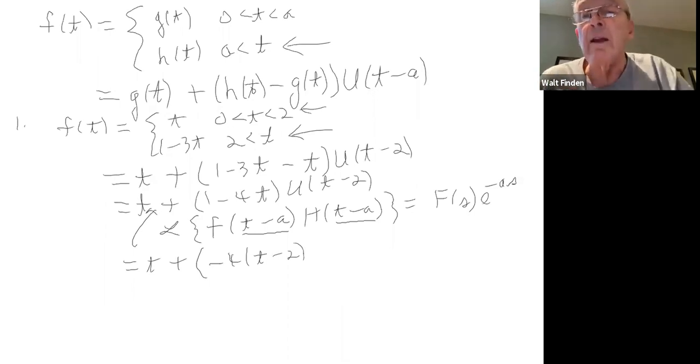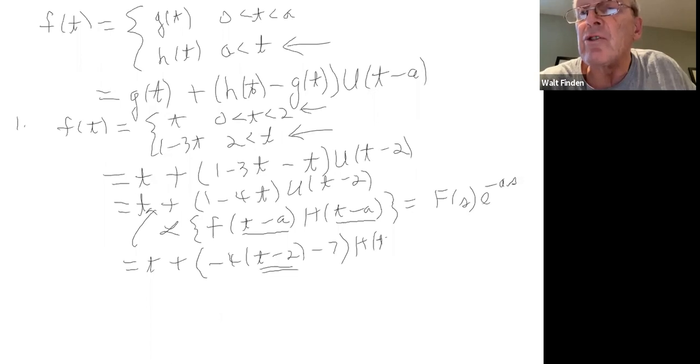That's what I'd like to have there, but that gives me my minus 4t plus 8, and so I need to subtract off 7 to make that the same. You see that if I expand that out, I get minus 4t plus 8 minus 7, that's 1. Okay, so I put in what I want, because that has to match up with the h of t minus a, t minus 2 in this case.